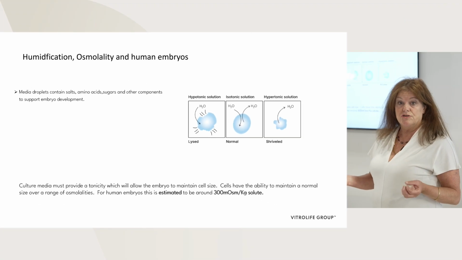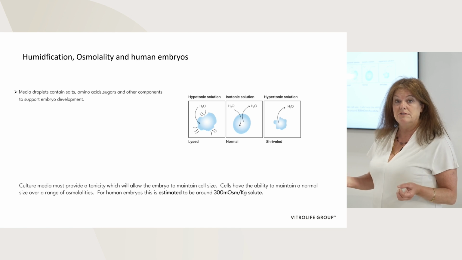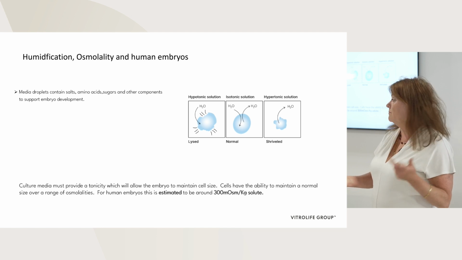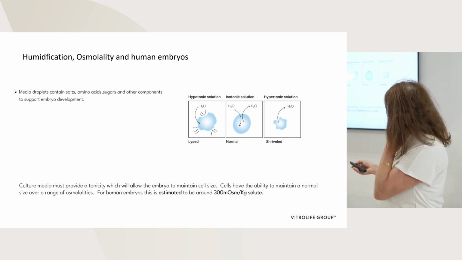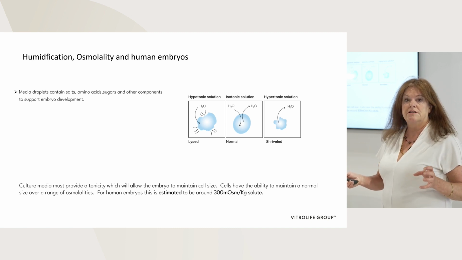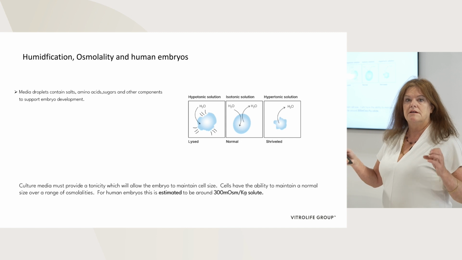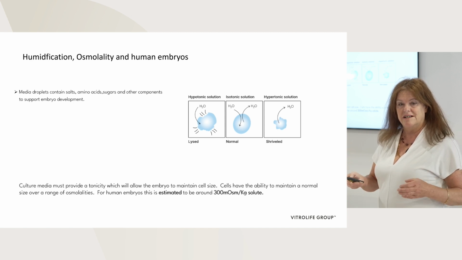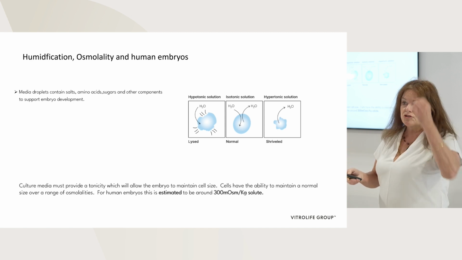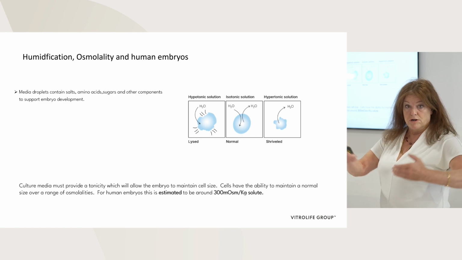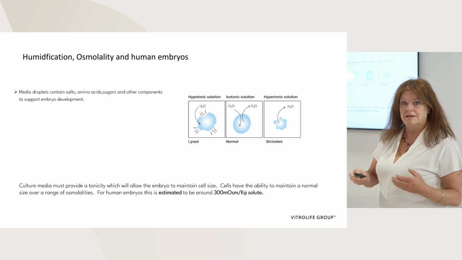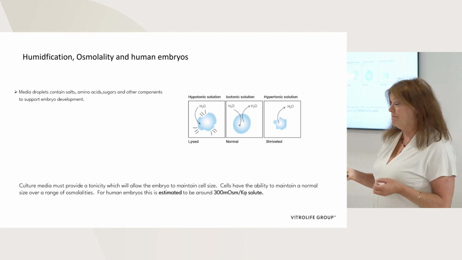So as we know, media droplets contain all kinds of molecules. They have sugars and salts and amino acids and other components to support embryo development. If you have a hypotonic solution, that means the concentration outside versus the inside of the cell is too low, then water will rush in to equilibrate the concentrations and the cell will blow up.